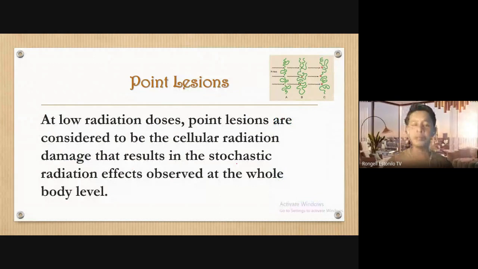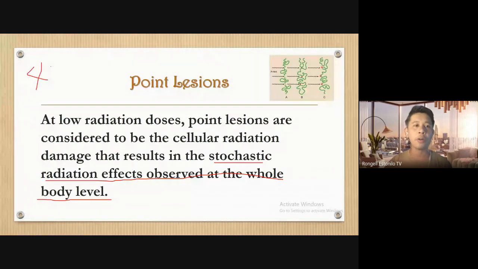So, meaning at low radiation doses, point lesions are considered to be the cellular radiation damage that results in the stochastic radiation effect observed at the whole body level. Low radiation dose, pwede nating masabing, okay, cellular radiation, talagang nag-respond lang yung cell, di ba? Take note of the 4 R's.